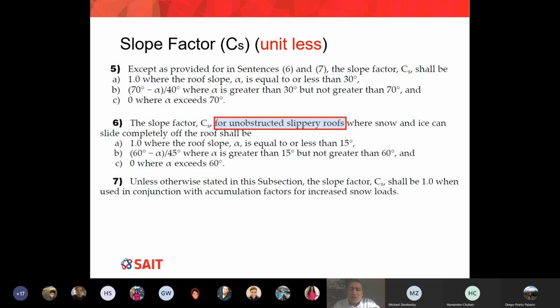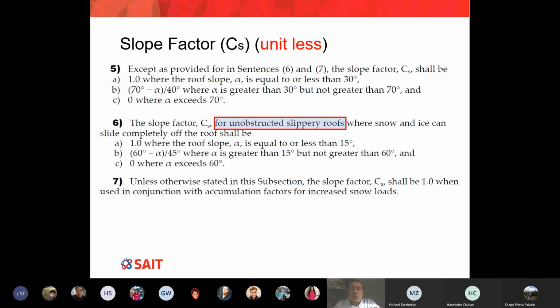In Calgary here, I've probably seen only one structure, a church along the McLeod Trail in the north, where the angle is so high. So this is very uncommon. But anyway, for angles exceeding 70 degrees, your C sub S is equal to 0.